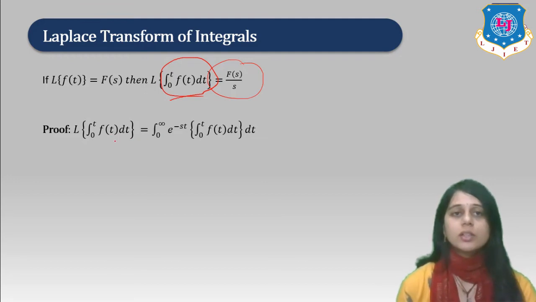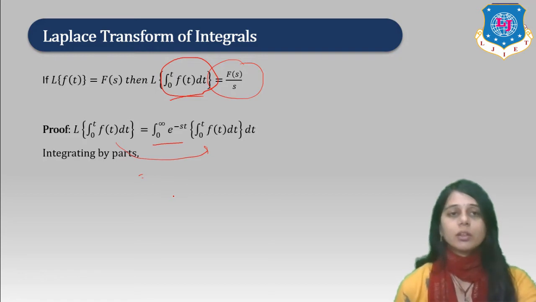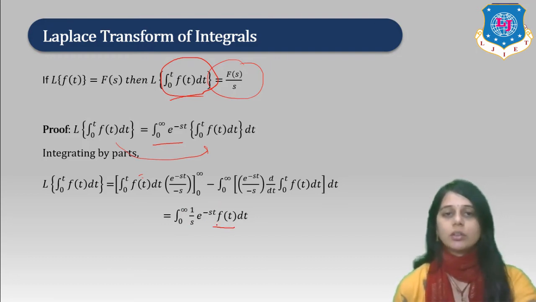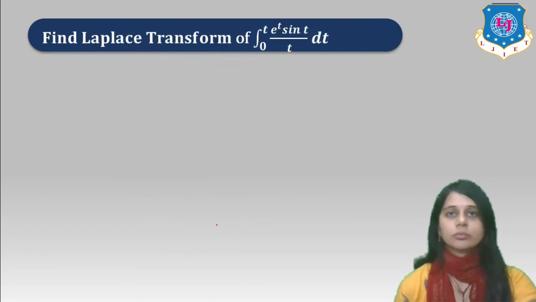We take this integral and apply the definition, 0 to infinity e raised to minus st. This is the definition of the Laplace transform. And integrating by parts, we get integral 0 to infinity 1 by s e raised to minus st f of t dt. So the answer is F of s by s.